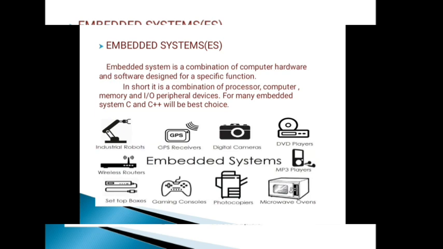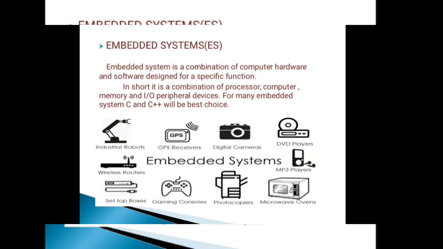Embedded systems. An embedded system is a combination of computer hardware and software designed for a specific function. In short, it is a combination of processor, computer memory, and input peripheral devices. For many embedded systems, C and C++ are the best choice.